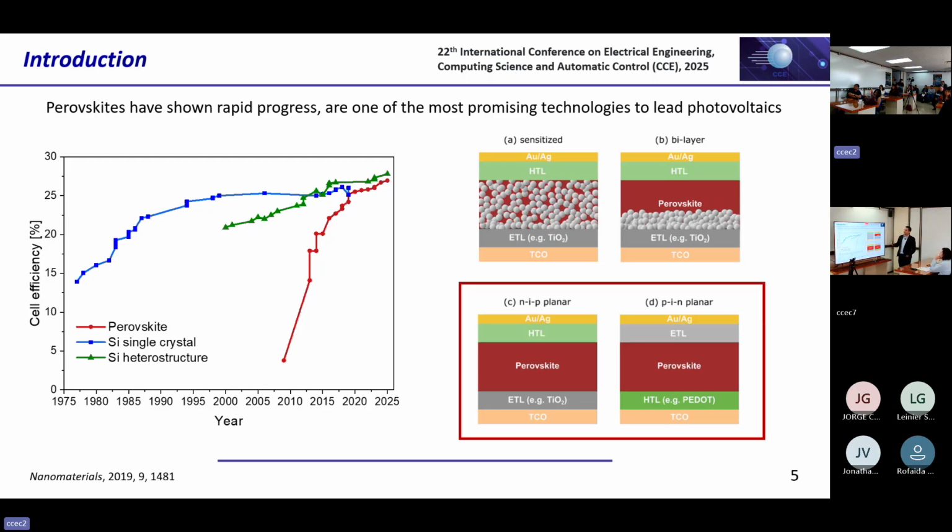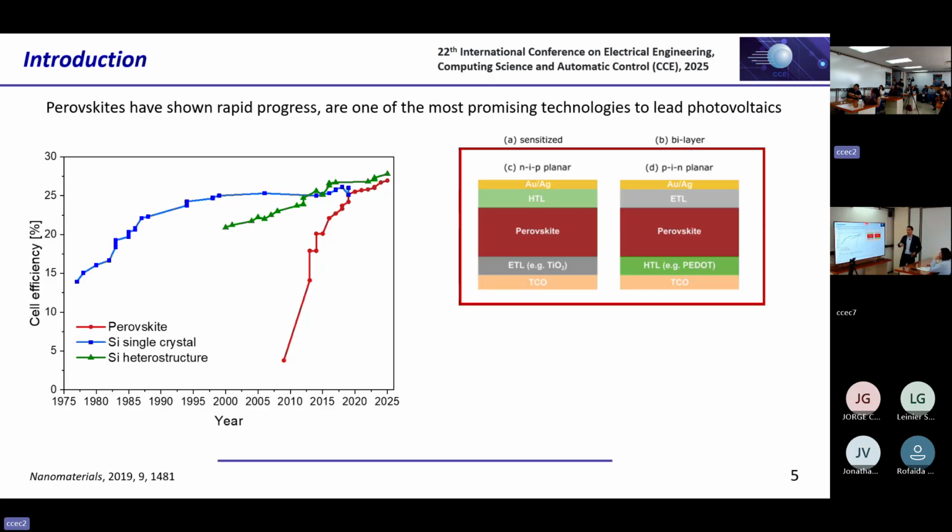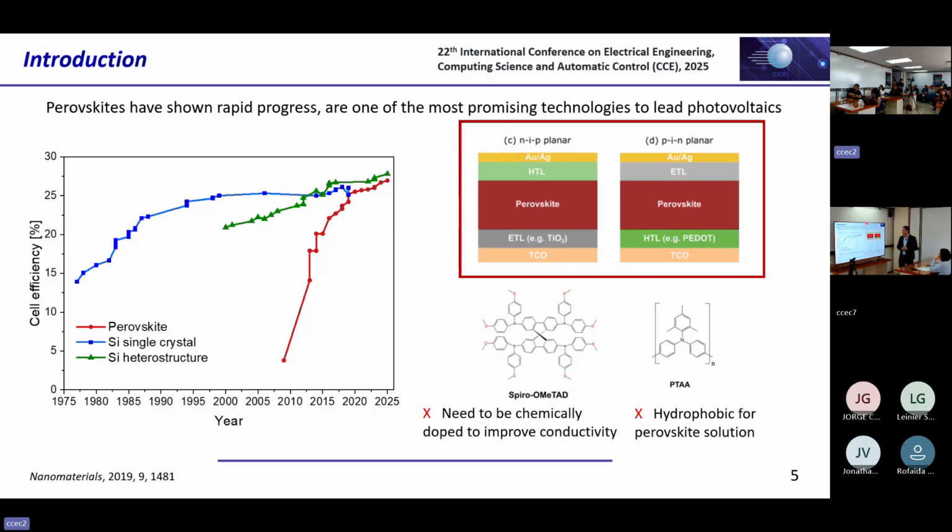This evolution of the efficiency is mainly related to the structure of the devices. They started with these two structures, then people started to change the structure of the devices. So finally, in the last 5 years or so, we have these two structures that are the most efficient these days.